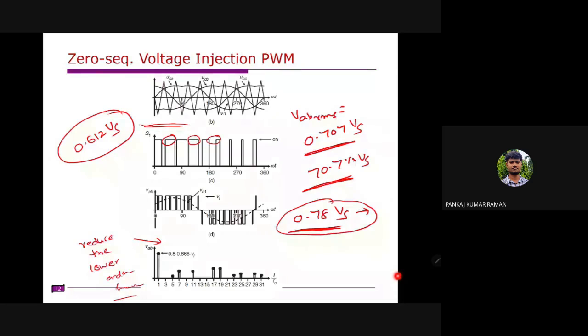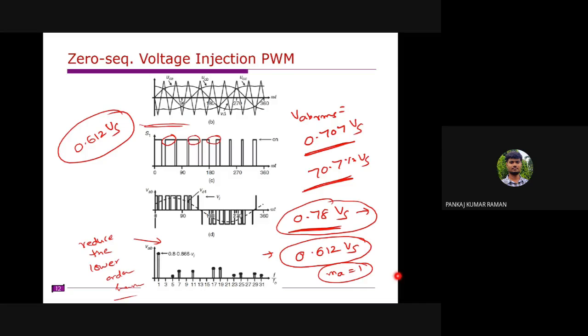And the second one is 0.612 times Vs. This is the output voltage RMS value corresponding to MA equal to 1. That is the maximum output voltage obtained with sine PWM technique without going for over modulation.